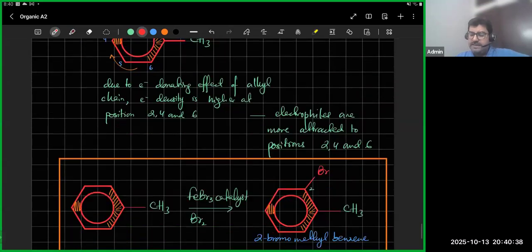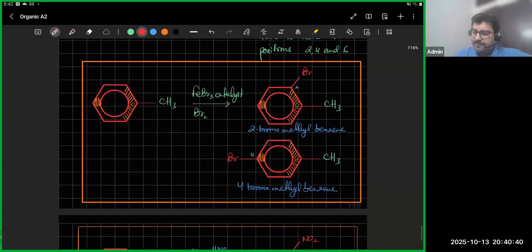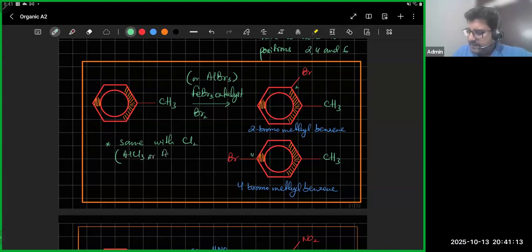You need to know it's exactly the same conditions, and exactly the same with chlorine as well. Over here it could be AlBr3 as well, just like previously. Same with Cl2, and the catalyst would be AlCl3 or FeCl3.